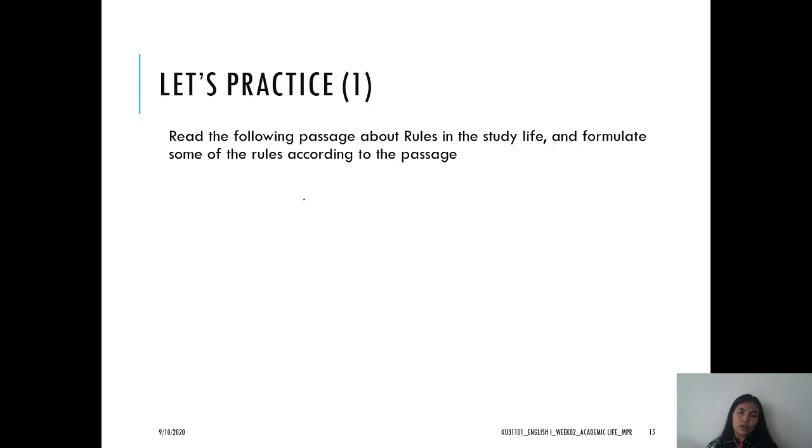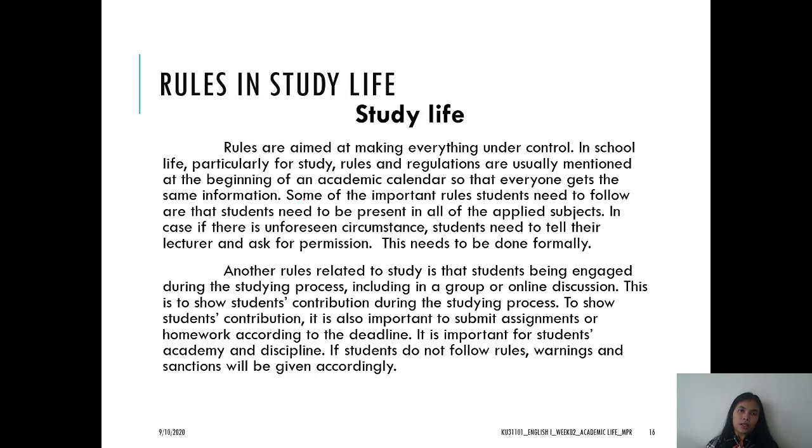What you need to do first is to read the text and then identify some words that you think can begin the imperative, and then after that write down the imperative itself. Okay, so have a look over here. Rules in study life. Again, pause this recording, read this text by yourself out loud, and then after that, identify which one you think is a rule, and then identify the verb that you can put as the imperative for these sentences. Okay?